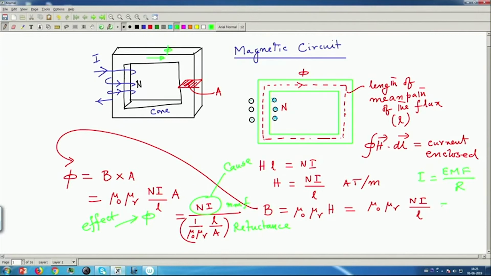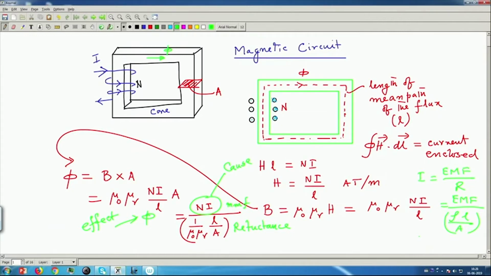And if you recall, EMF is voltage, resistance is rho L by A. So, there is a striking similarity, and that is why it is called reluctance. Reluctance limits the value of the flux when you apply an MMF.